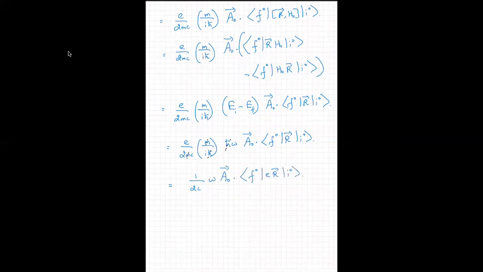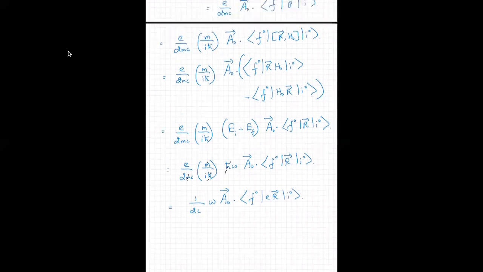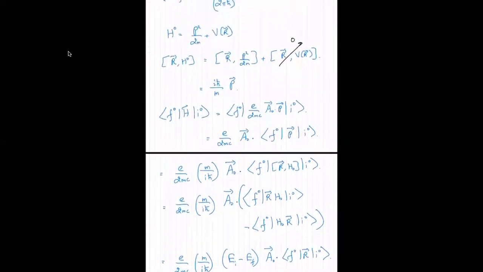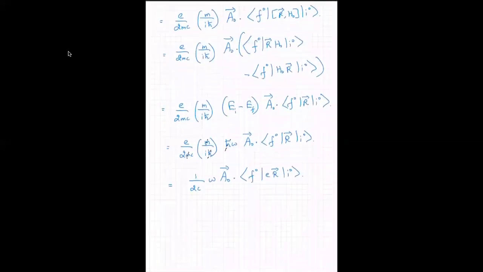Now, if I put in the time dependence also, which is e to the minus i omega t, which I have not done so far, then F0 H tilde I0 would be given by, sorry, there is also a 1 over i here, so I'll put in minus i, which is 1 over i.